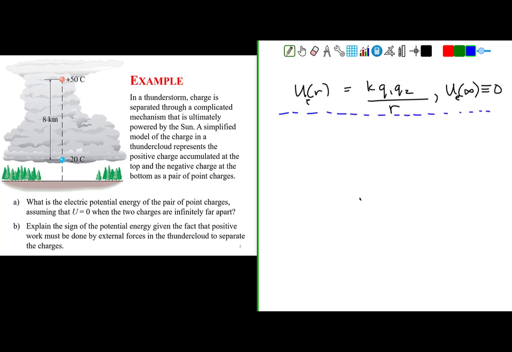This is why this problem said, assuming that U equals 0 when the two charges are infinitely far apart. That allows us to use this formula right here instead of the change of potential energy. We can now say this is the potential energy at a point because our reference point is a point infinitely far away.